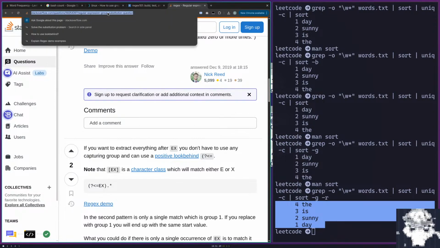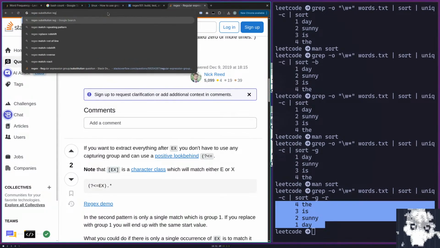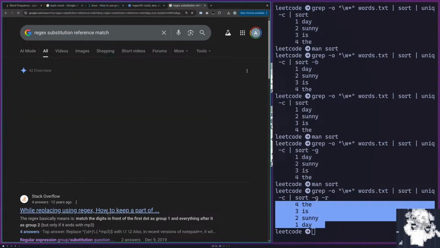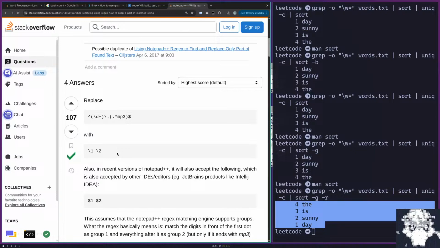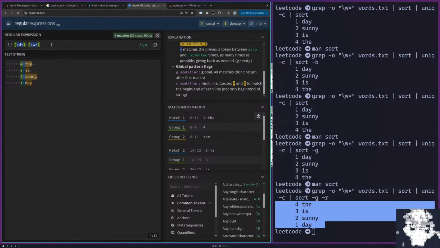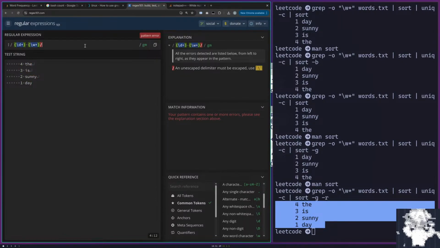The thing I want is to reference regex substitution reference match. /1/2. Okay. Now, does this let me do substitutions?